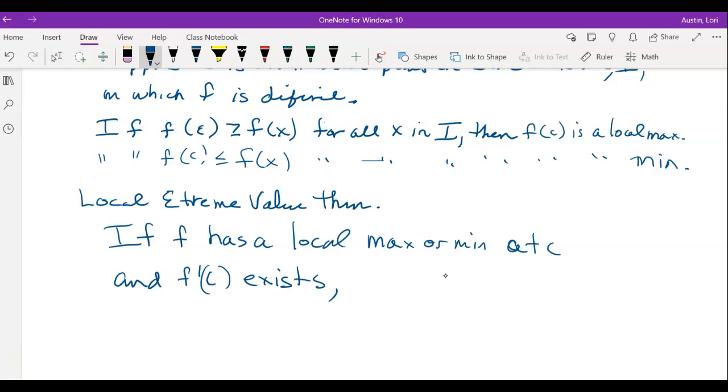And the derivative actually exists. Can you think of a circumstance where there could be a local max or min, but the derivative doesn't exist?